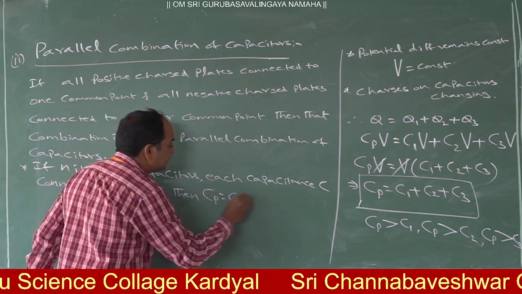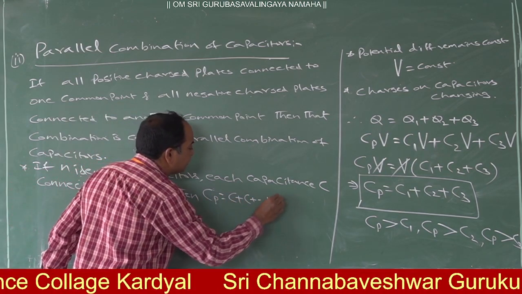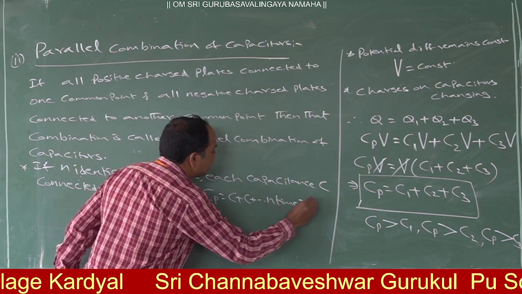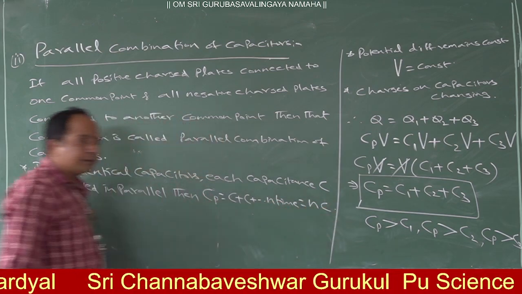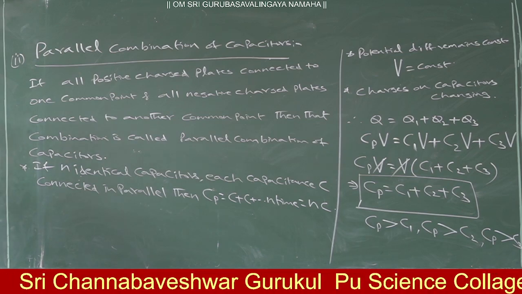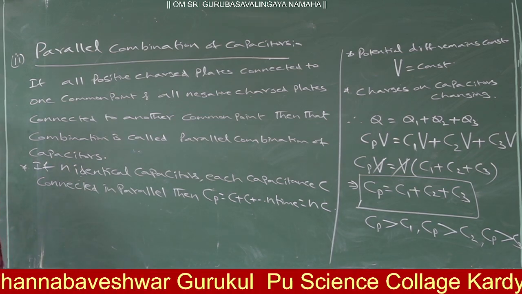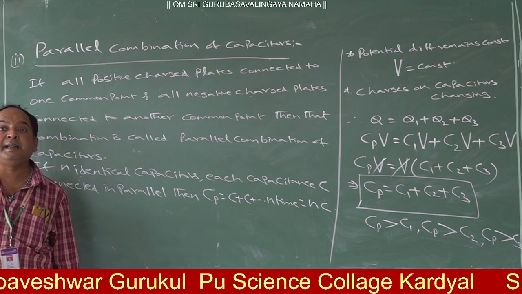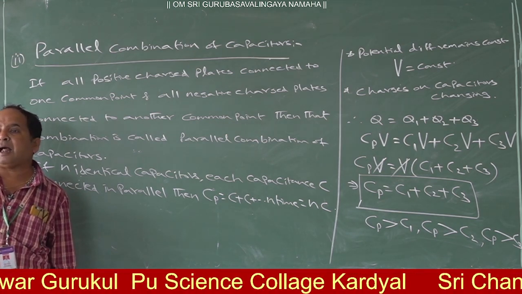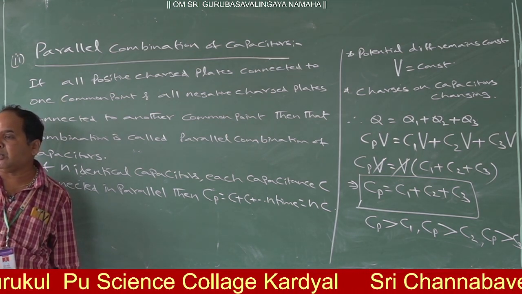C plus C, like that N times, which is equal to N into C. So in series combination, Cs is equal to C by N. In parallel combination, Cp is equal to N into C.